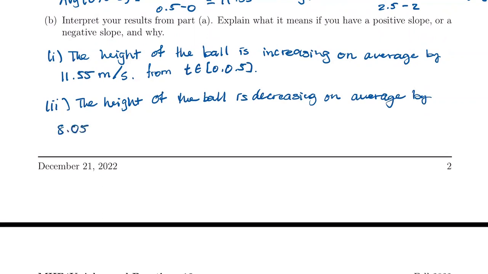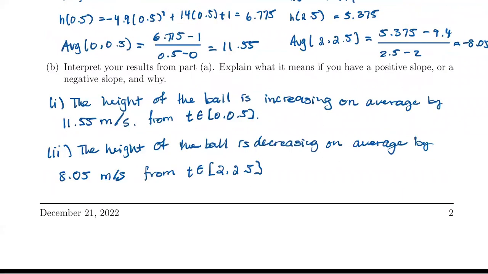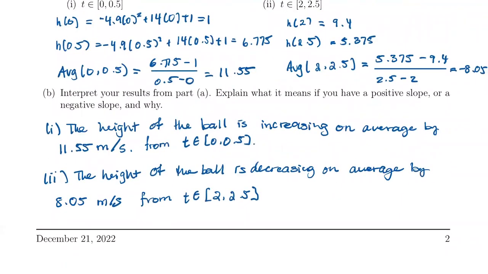So we would say it as the absolute value instead, from t between 2 and 2.5. So that's how we would interpret what it means to have a positive slope and what it means to have a negative slope.